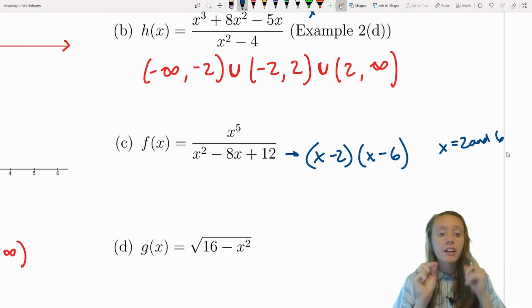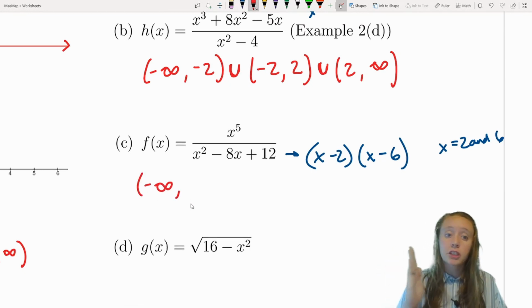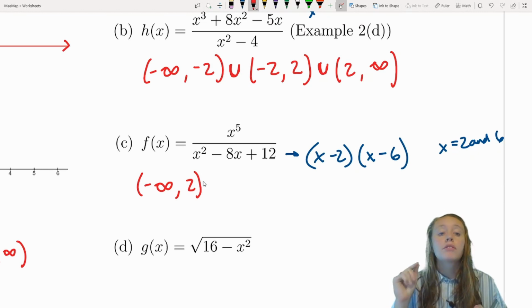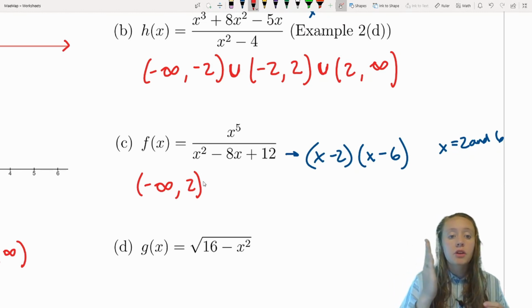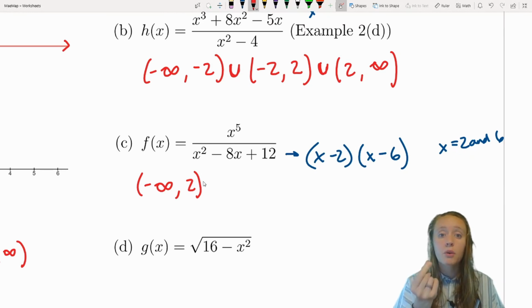So we're going to break our interval up at those 2 points because our function is continuous everywhere else. So we're going to have -infinity up to that first point of discontinuity, which is 2. And again, the order in which you go does matter for this. We're going from the lower x values to the upper x values as far as our points of discontinuity go when we write them in interval notation.